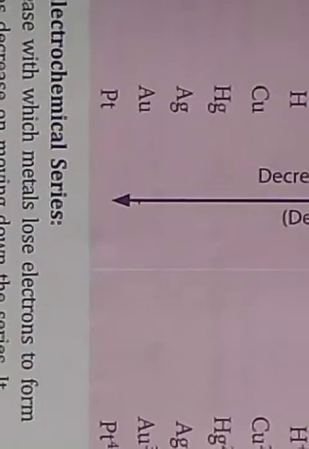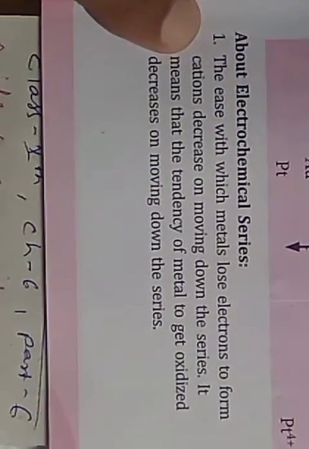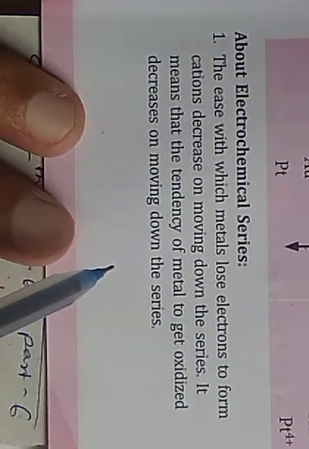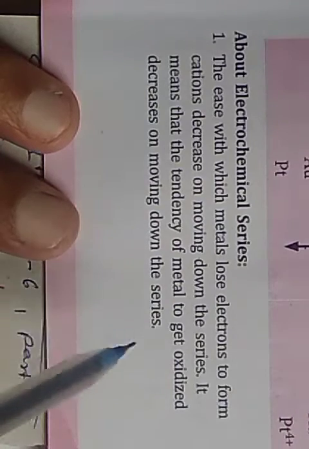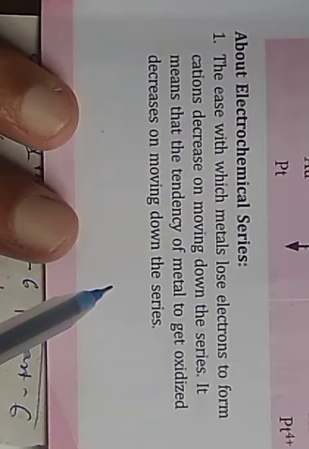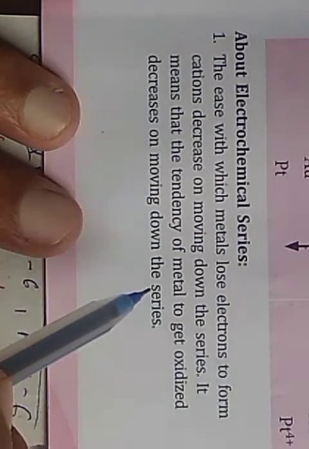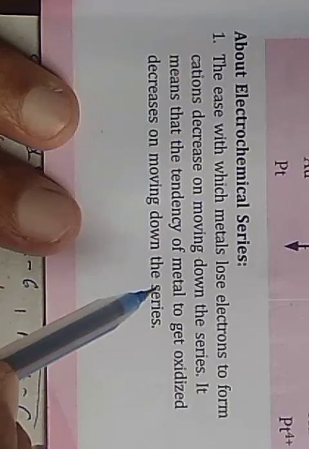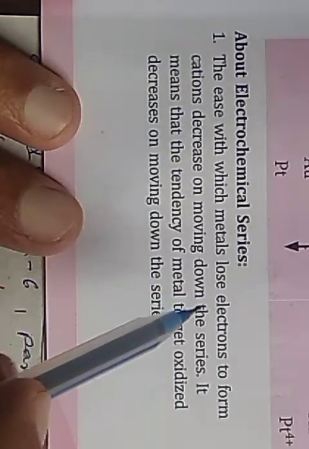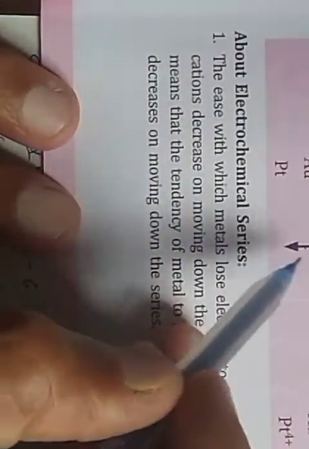Some facts about the electrochemical series: when we move from top to bottom, the metals' tendency to get oxidized decreases, their tendency to gain electrons increases, and their ease of reduction also increases from top to bottom in the series.